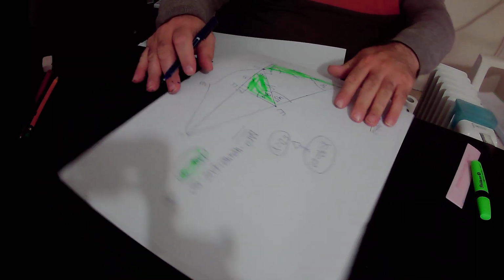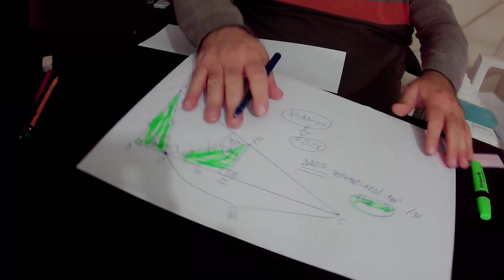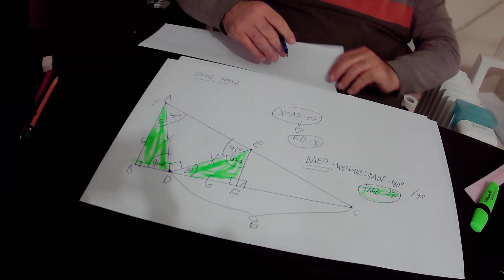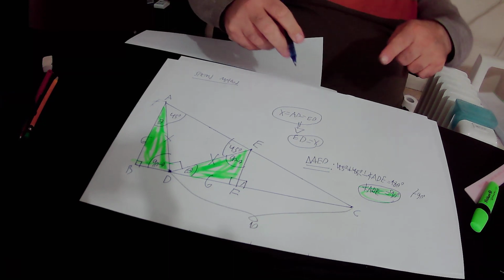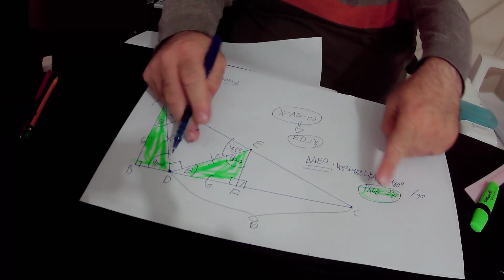And what is the value of FC? It is very easy to see from the drawing that FC equals DC minus DF.